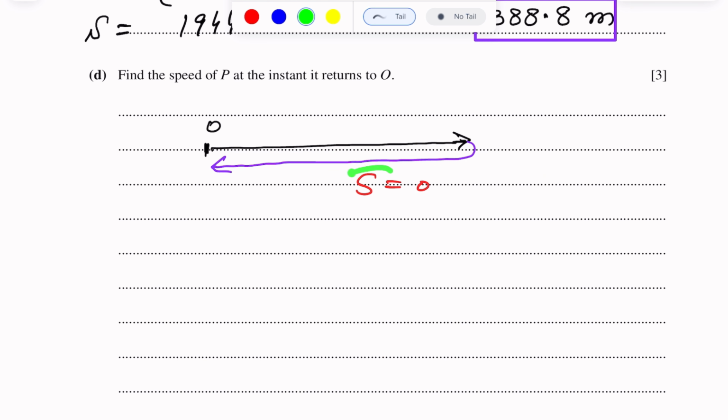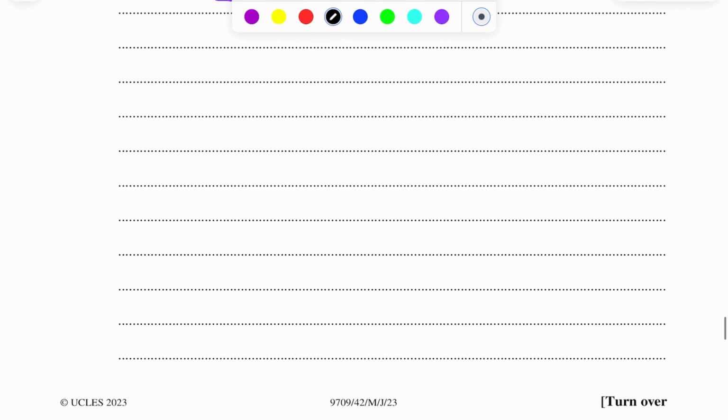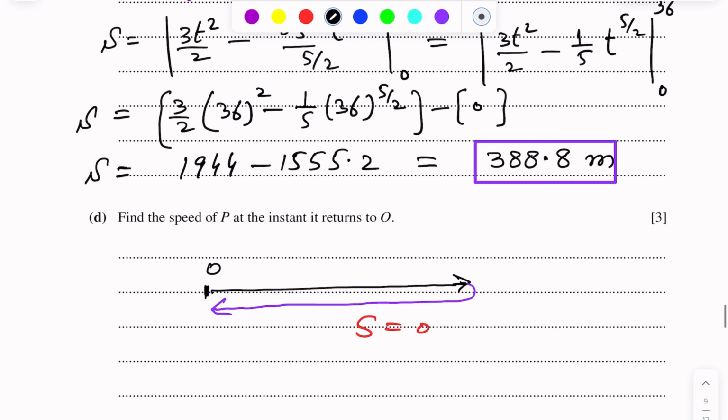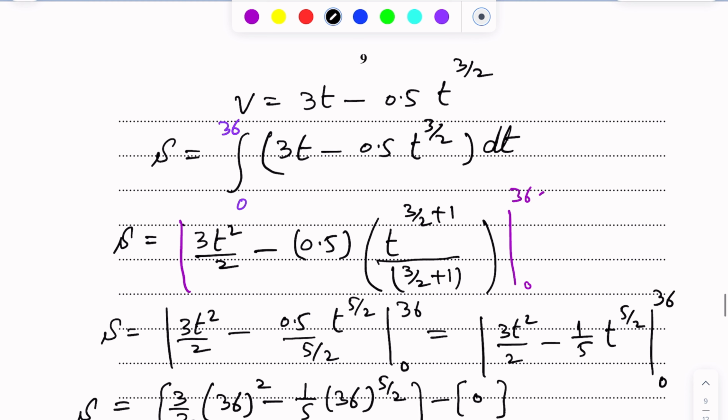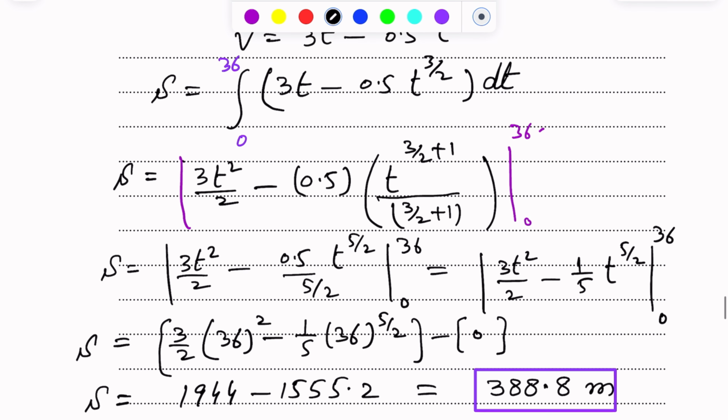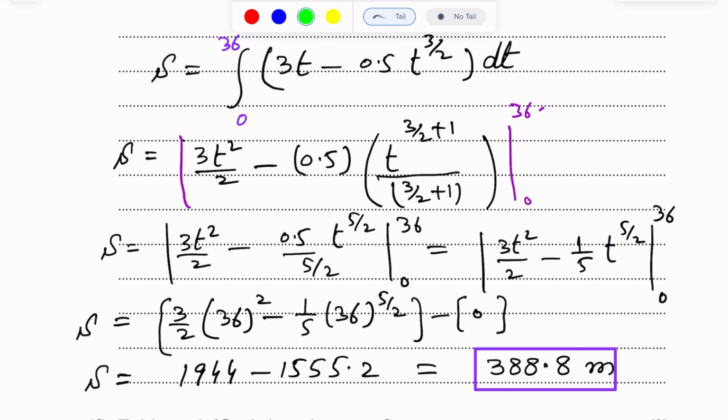Displacement is 0. So first, putting s is equal to 0, we will find the values of t. We have just found the distance, this is the distance after simplifying.